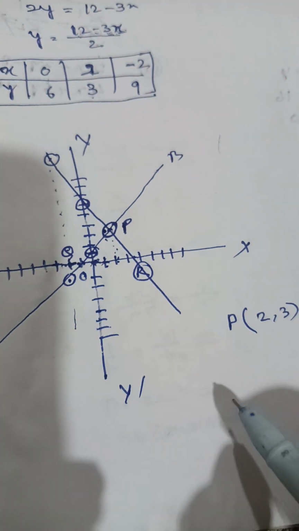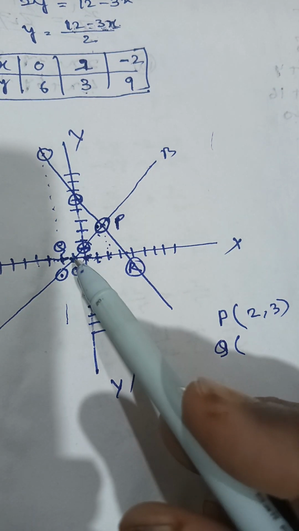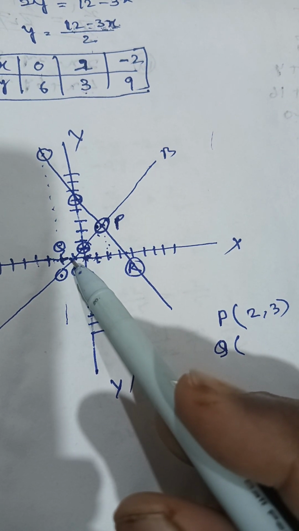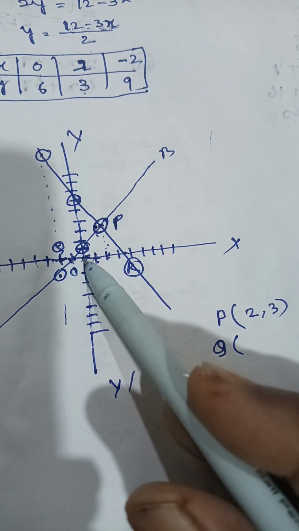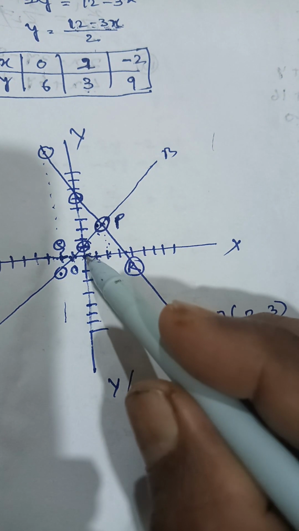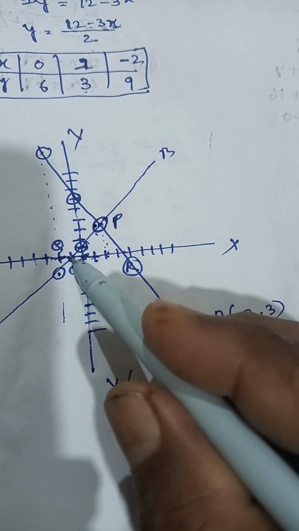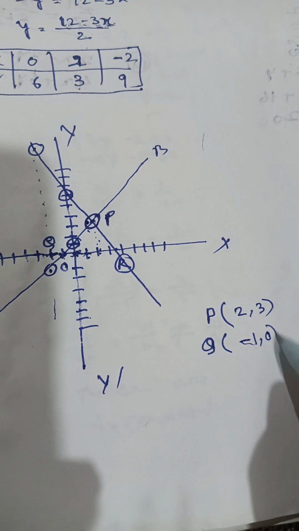Okay, now the coordinate of Q, you see this is the point where it intersects the x-axis. So to come to this point it should be 0, sorry, minus 1, 0. Okay, first we have to move from here towards the x side. So Q is minus 1 and there is 0.